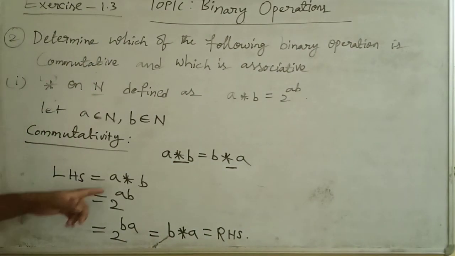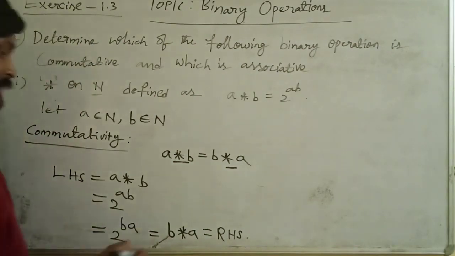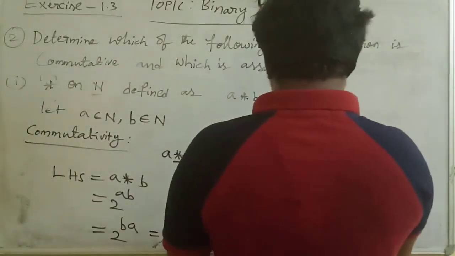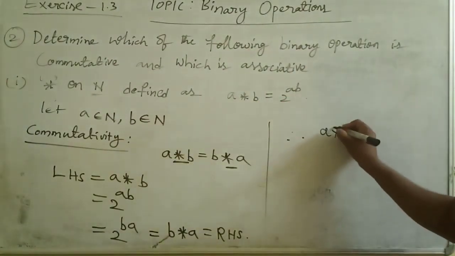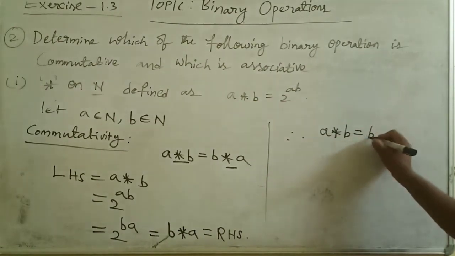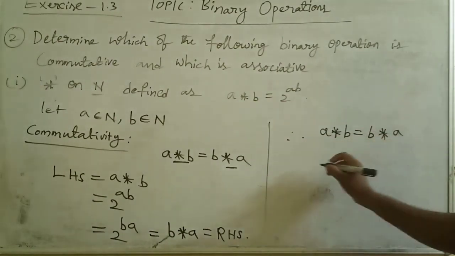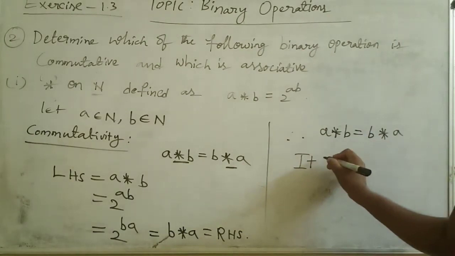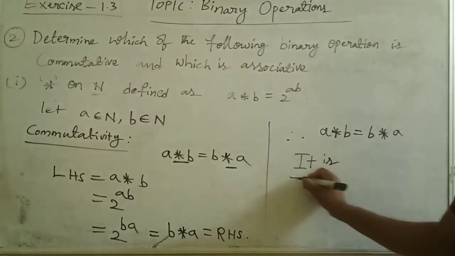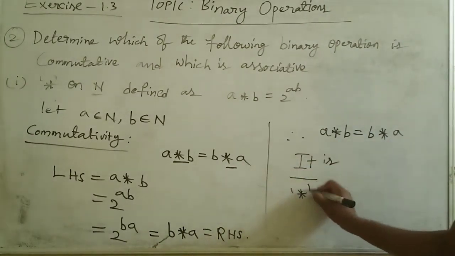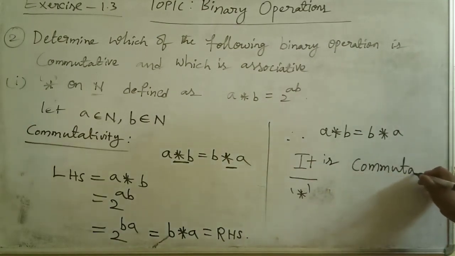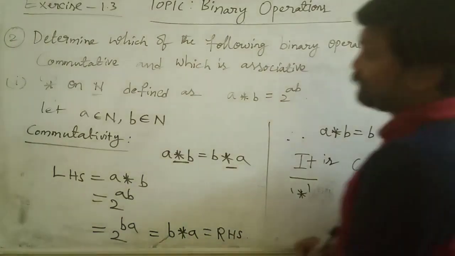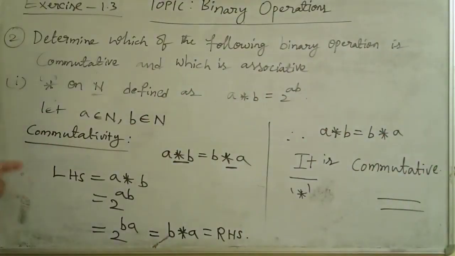So A star B is equal to B star A. Therefore star is commutative.